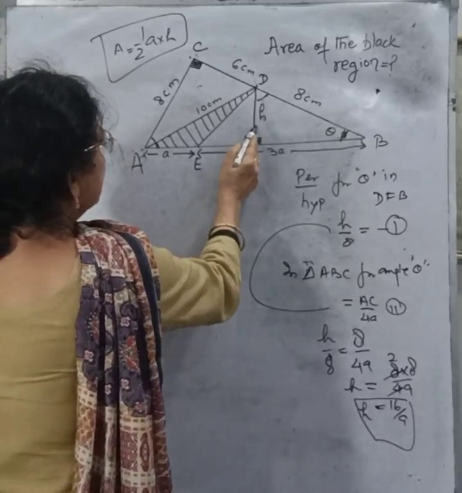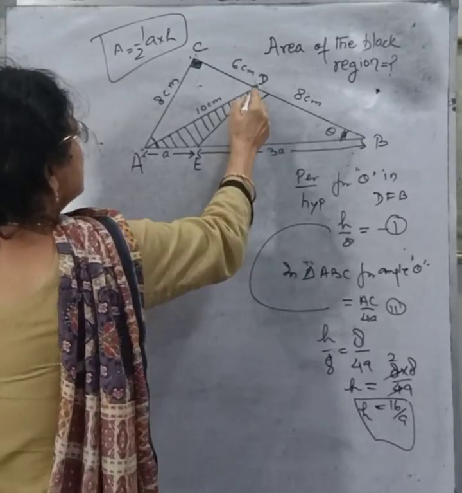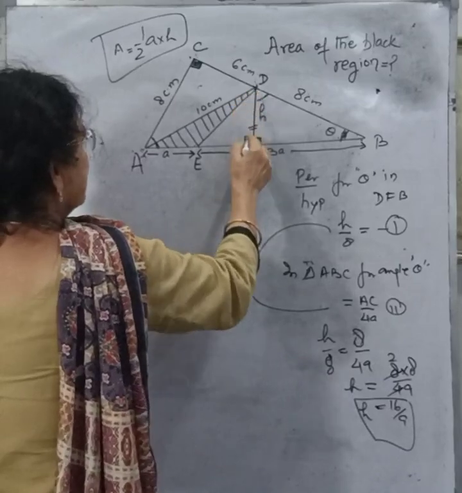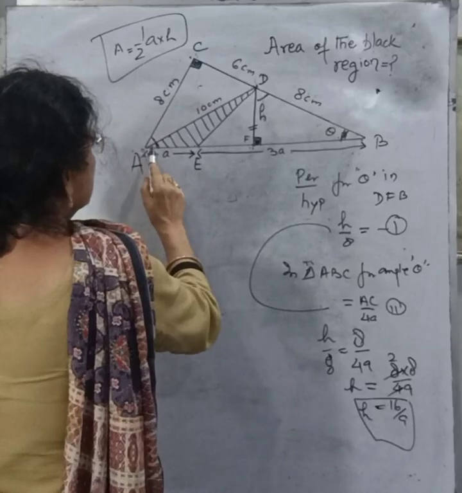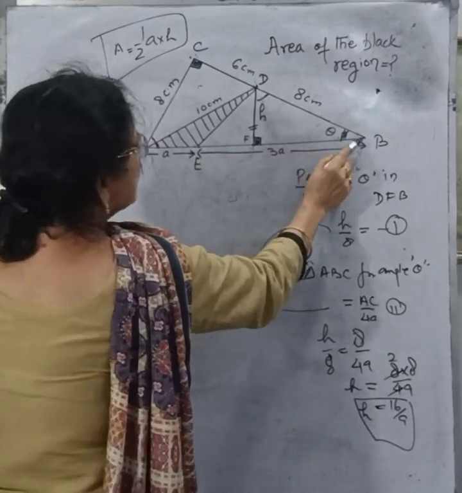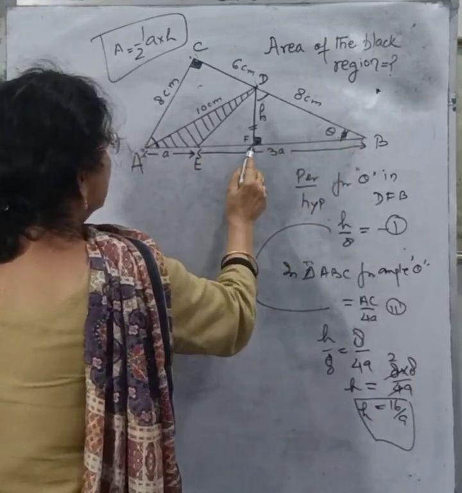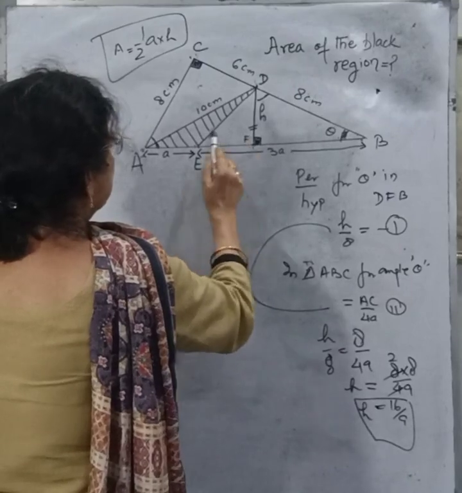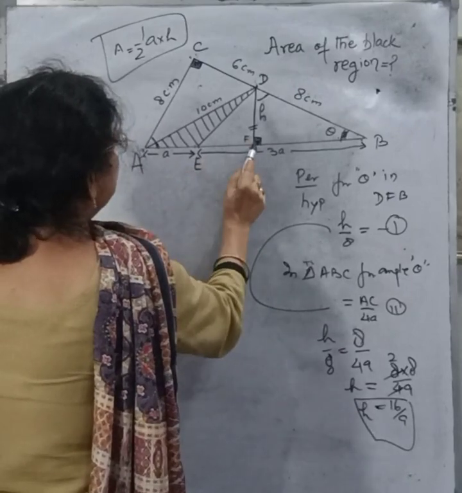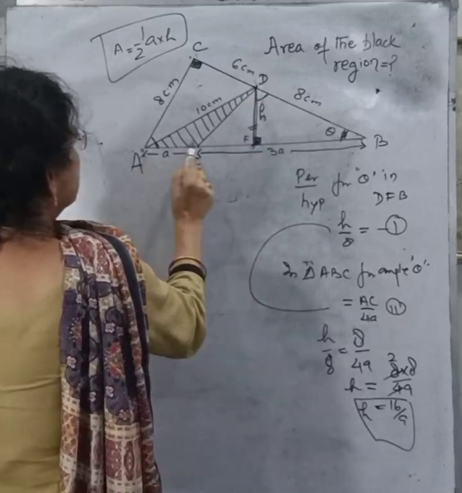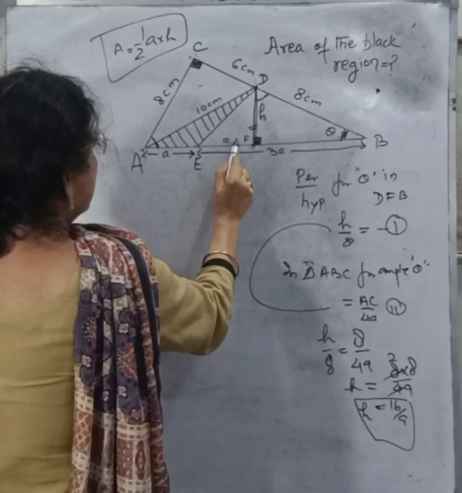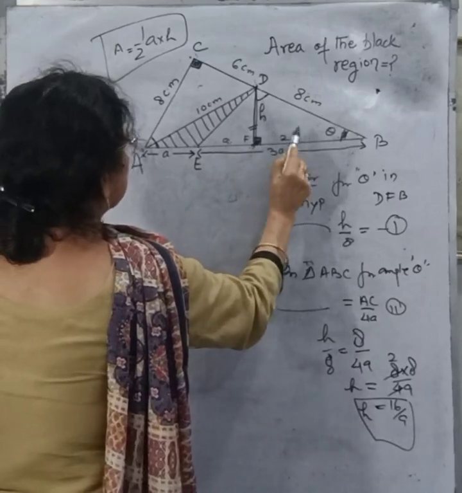Now we can see here, because this is the perpendicular drop from here, this is A and this is 3A. It means this will be the perpendicular bisector, and this portion will be equal to A and this will be equal to 2A.